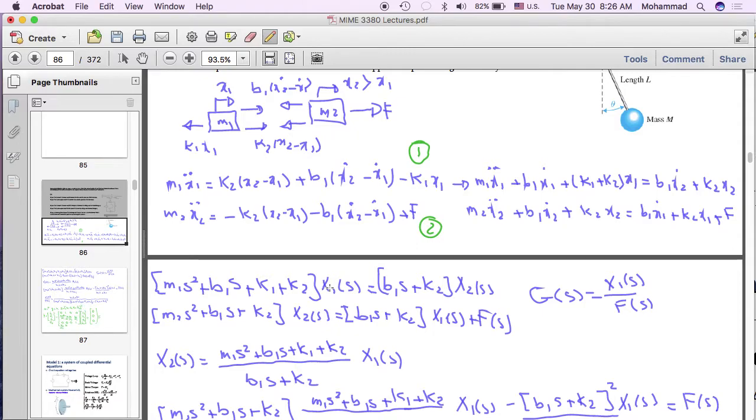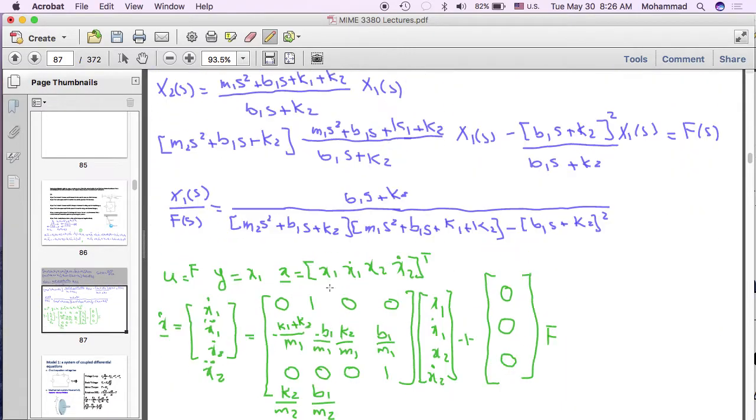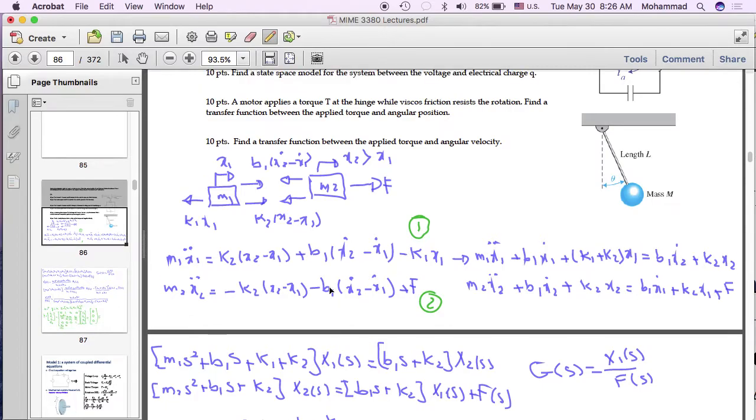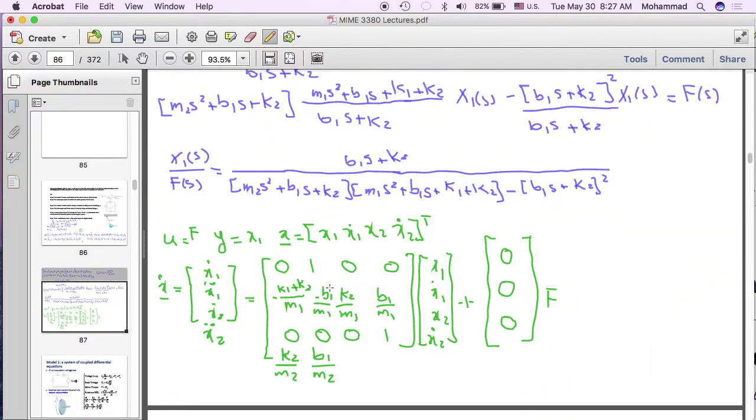Oh, I'm sorry. The third element is X2. So what is multiplied by X2 in the second equation? It's negative K2 divided by M2.